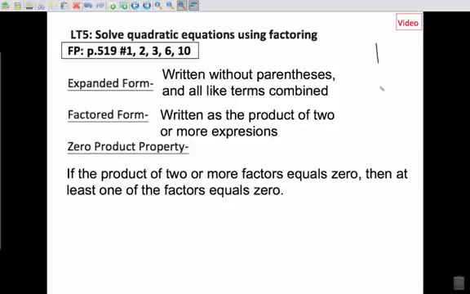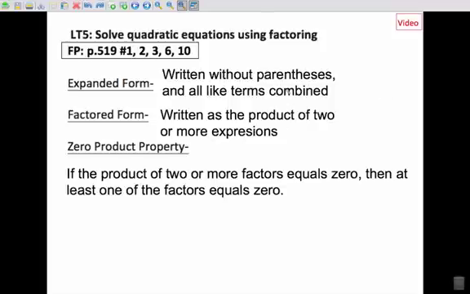Because of the nature of parabolas, any y value will have 2 x values that go with it, unless we're at the vertex or down here where there are no values. So that's often why we have 2 answers.